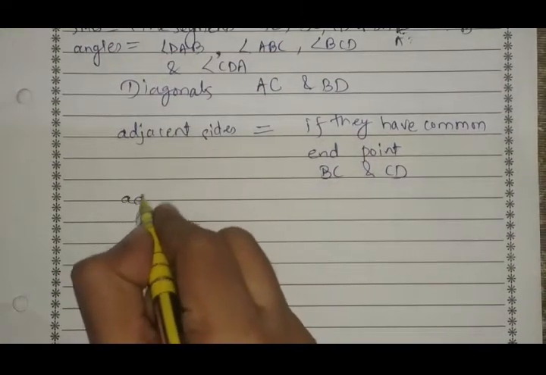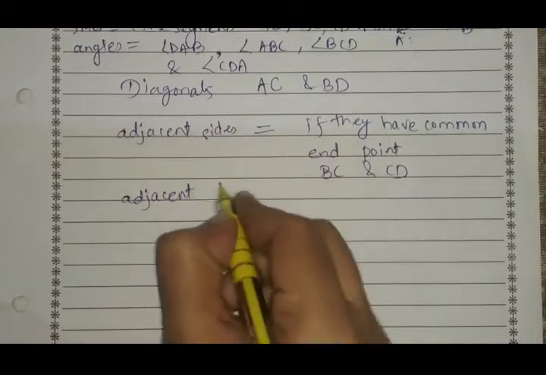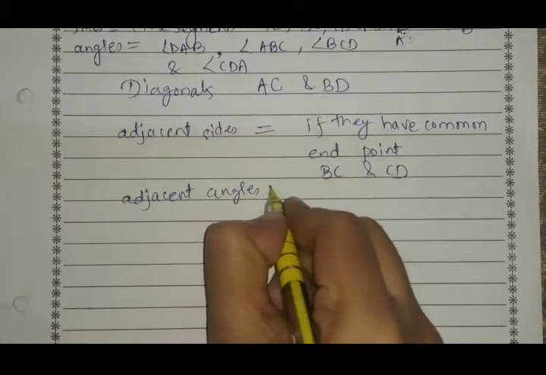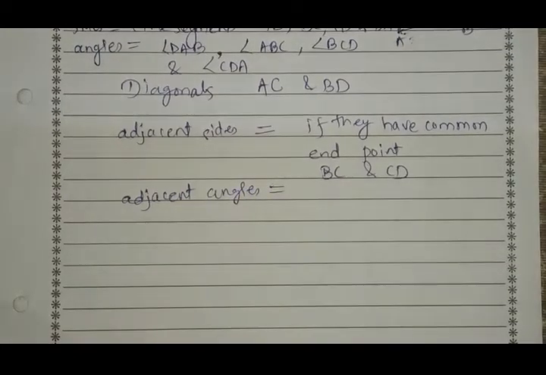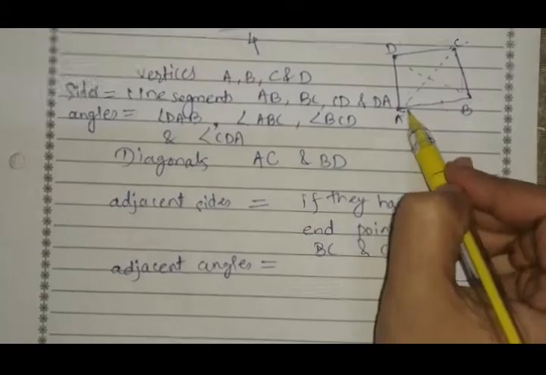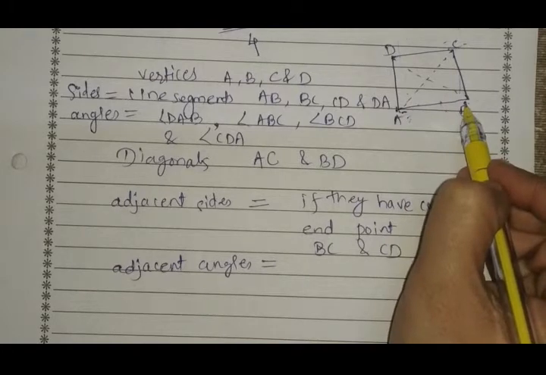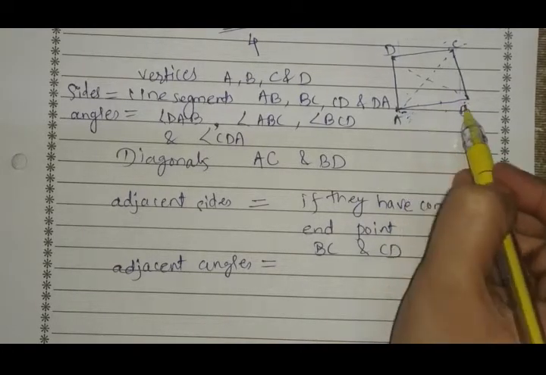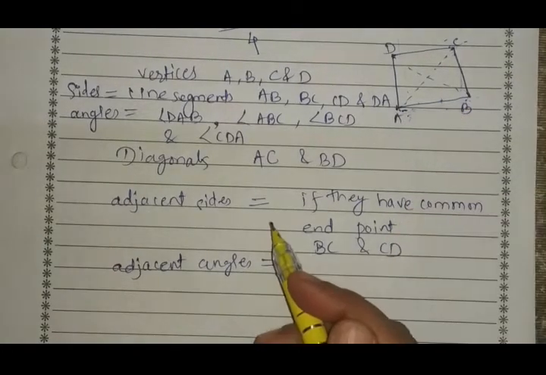In the same way we are having adjacent angles also. So what are adjacent angles? Two angles of a quadrilateral are said to be adjacent if they have a side in common. Like you can see here angle A and angle B are adjacent because they have side AB common.